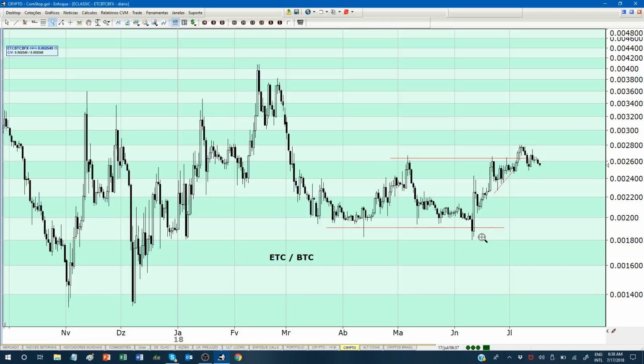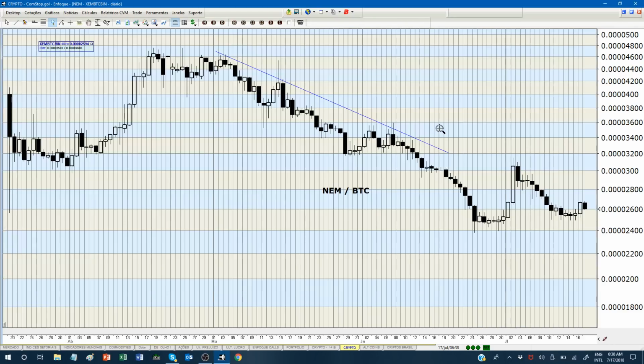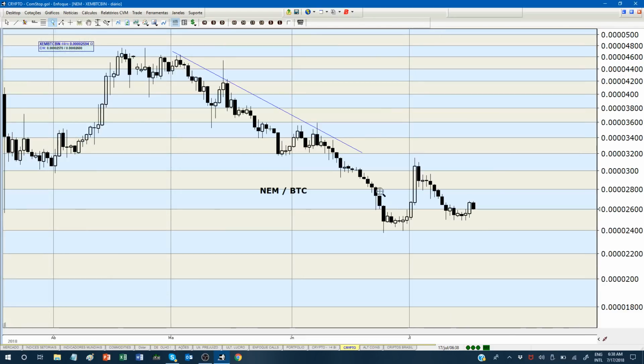So I think it's going to go further down, probably testing its next support line at 0.0022. Nano, no comments on Nano, but it's probably coming further down. NAM, probably coming further down too, but there's very little history on the chart.